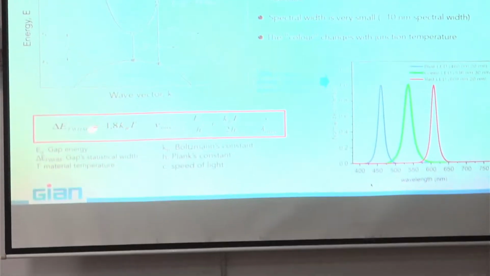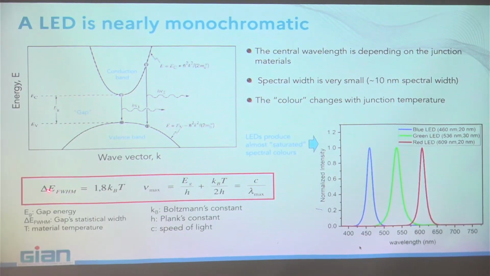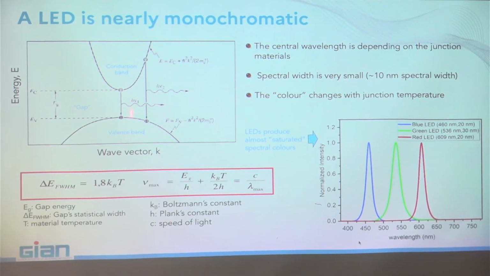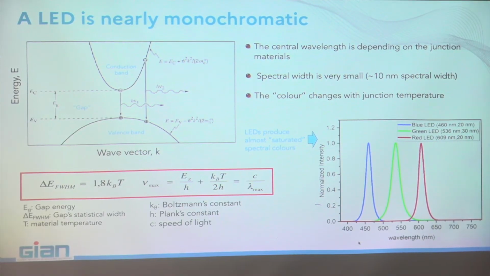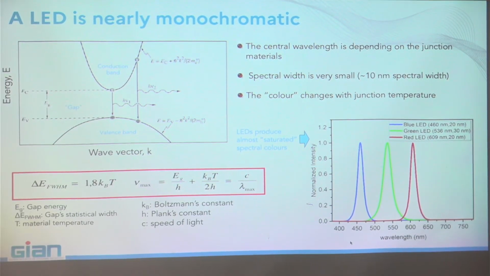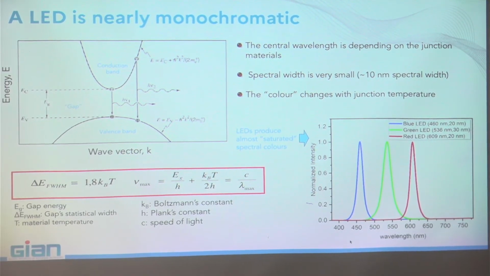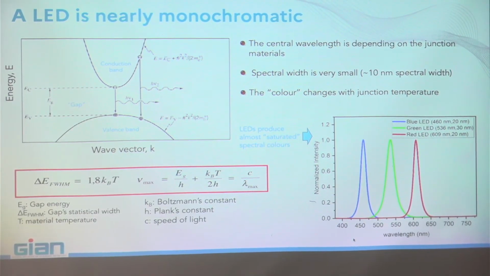Well, the spectral width is very small, and the color changes with the junction temperature. This is important. You see that this energy difference is proportional to 1.8 kB T, where kB is the Boltzmann constant and T the temperature of the junction. It's small, but could be noticeable by the human eye.